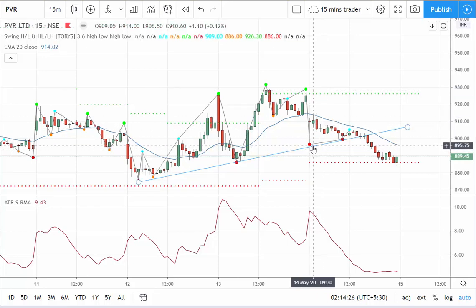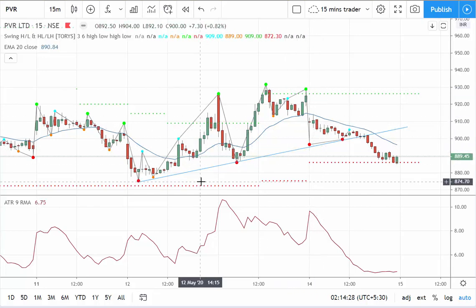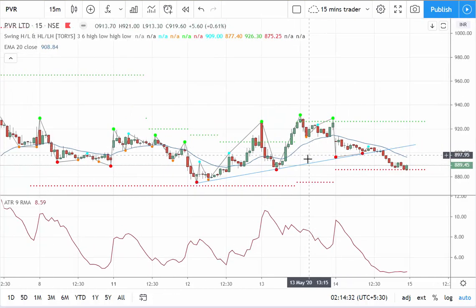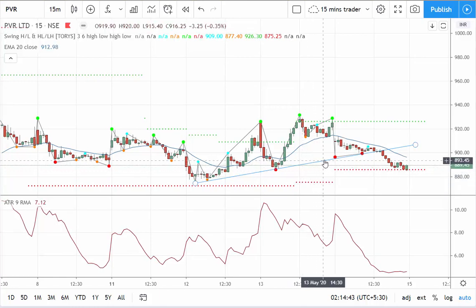The target would be 895. This will be the first target because there is a support over here, and the second target would be 886. The third target would be 873. So these are the places of resistance.